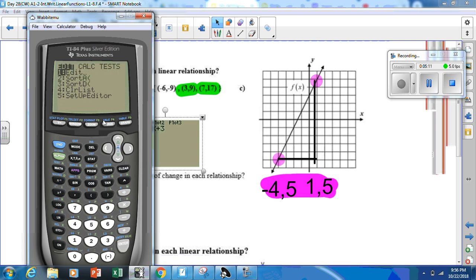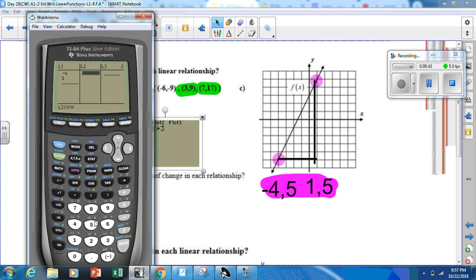Here's stat. Here's the edit. We clear, hit enter, scroll to the right, clear, hit enter again, and we put in what we see. -4, I'll grab that, enter, 1, enter, scroll to my right side, and I'm putting my y-axis values in.